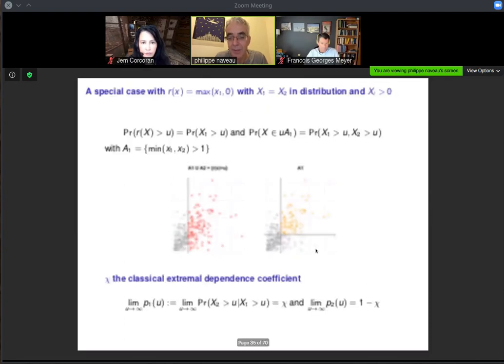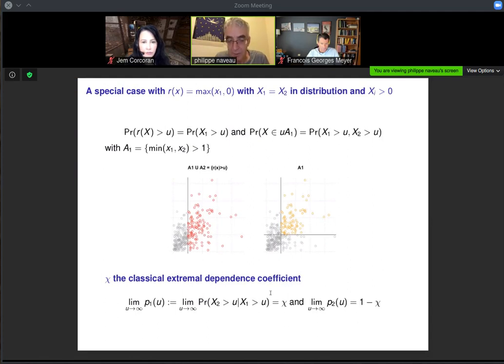And this, for example, is called the classical extremal dependence coefficient in extreme value theory. This means simply that, given it's raining a lot in Boulder, what's the probability it's raining a lot in Fort Collins? So with this framework, you can get classical conditional probability using extreme value theory.